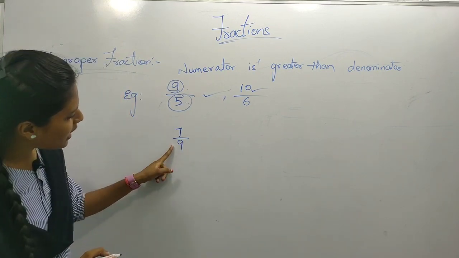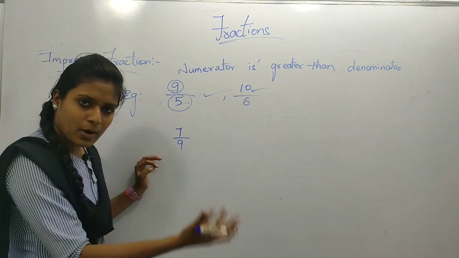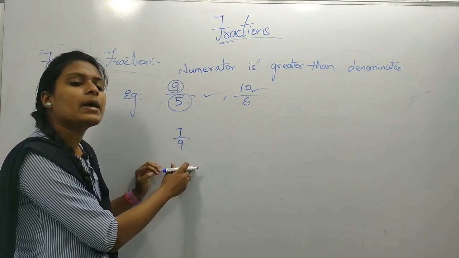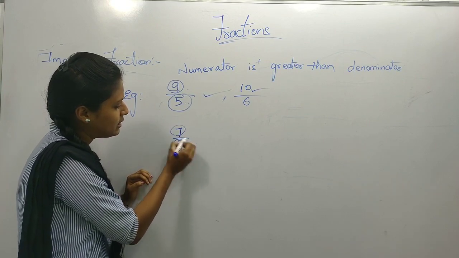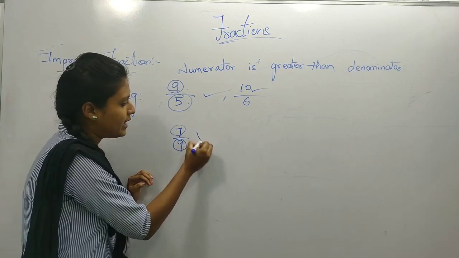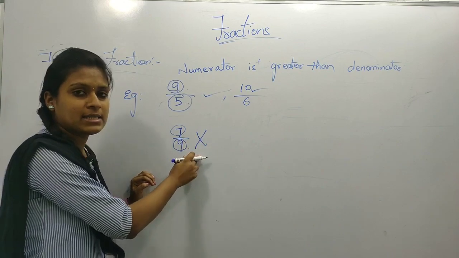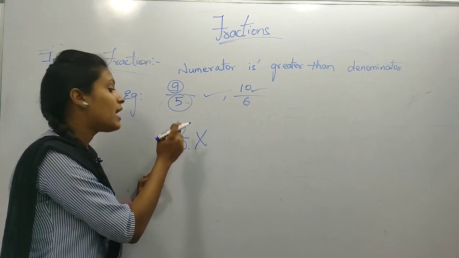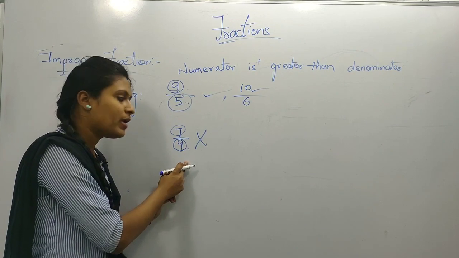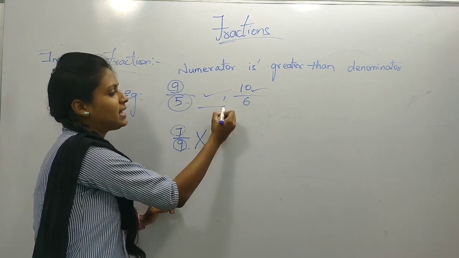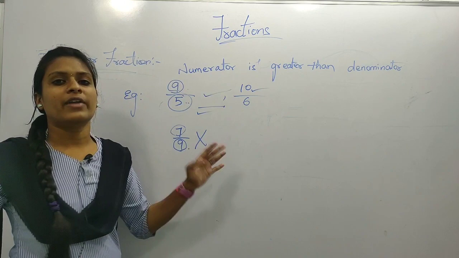Look at this once again. It may be a proper fraction, but it is not an improper fraction because the numerator is less than the denominator. So it is wrong. The numerator must be higher than the denominator, then it is shown as an improper fraction.